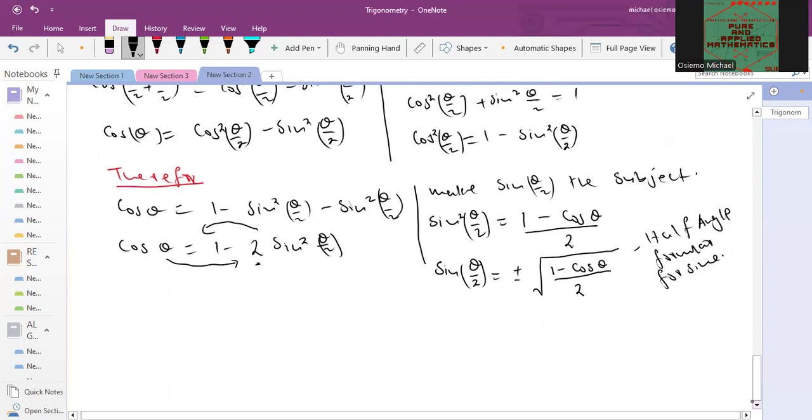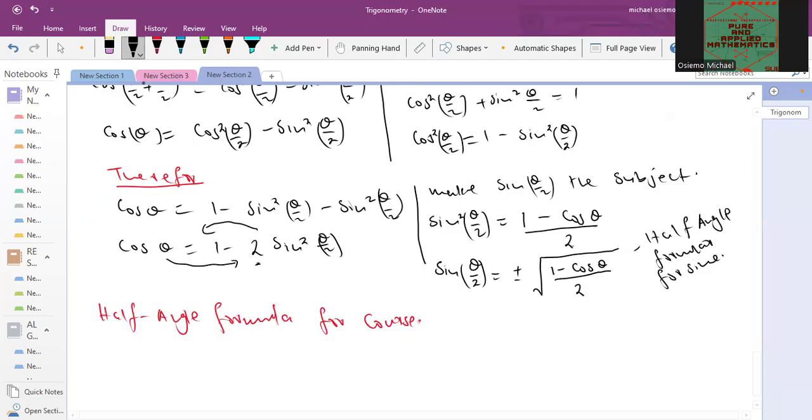Also for cos, we have the half angle formula for cos. So we go back and use the same.